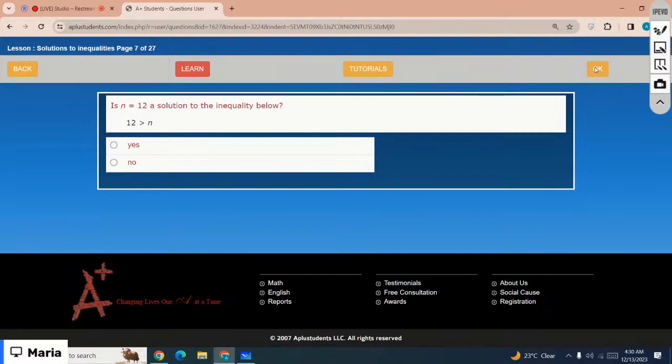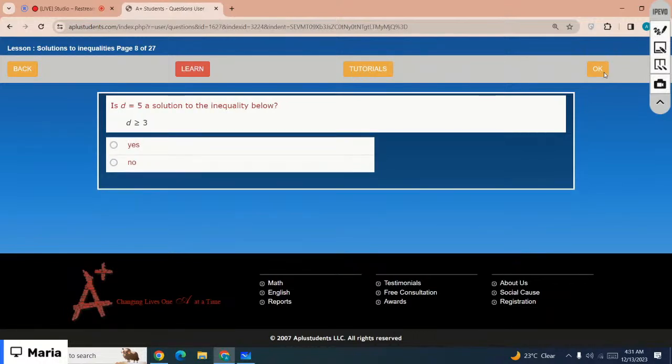Is n equals 12 a solution of the inequality? The correct option is no, right?